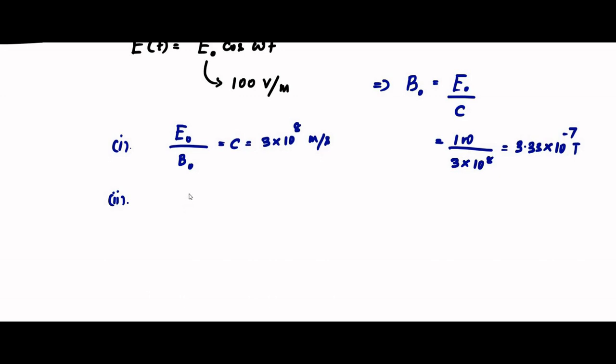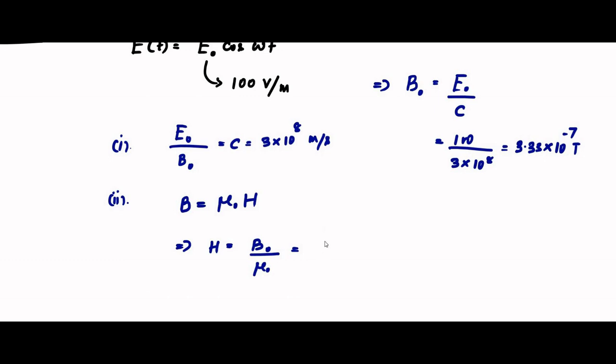If you know some basic concepts of magnetism, the relationship is magnetic flux density B is equal to mu 0, which is absolute permeability or permeability of free space, multiplied with the magnetizing force or magnetic intensity H. So that implies H is equal to B, in this case B0 by mu 0.